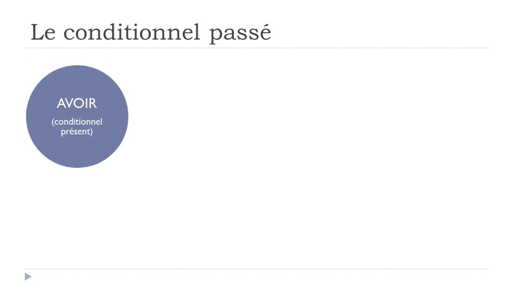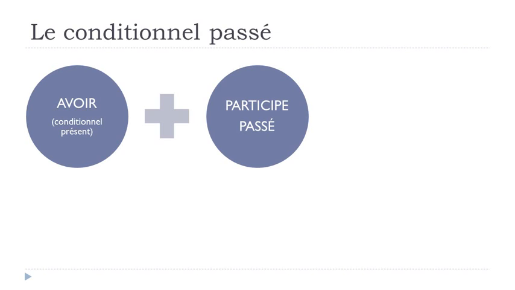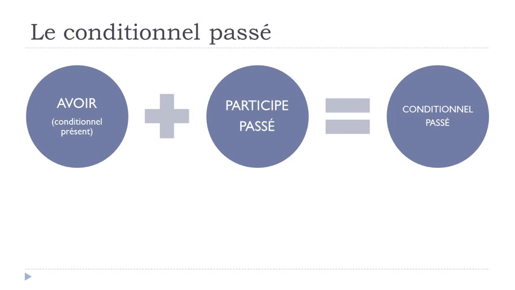All right, so the last thing that you should remember before ending this lesson is that when you construct this conditionnel passé, in most cases you will have to use avoir at the conditional present form, then the participe passé, and it will give you the conditional passé.